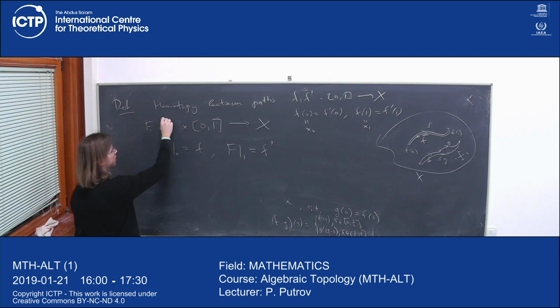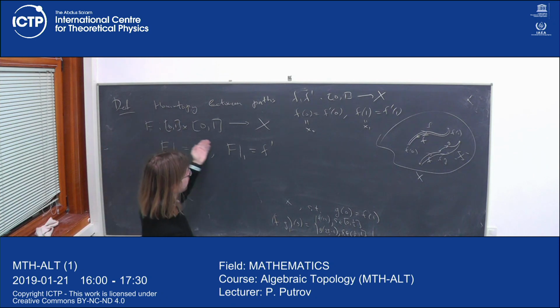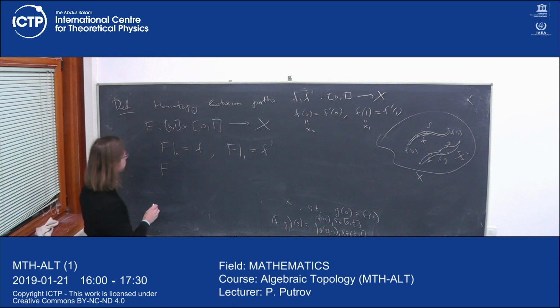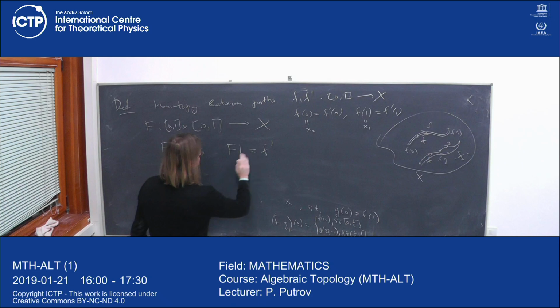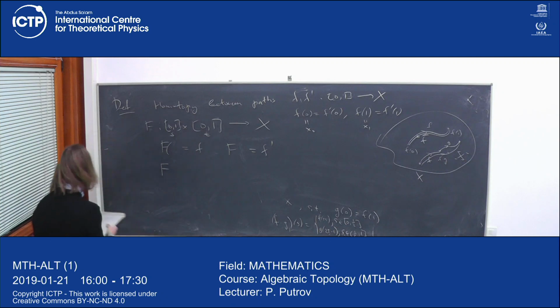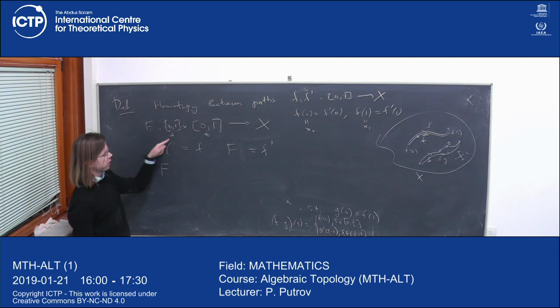So this is a homotopy between maps from 0 to x. Let me be more explicit. Let me denote this variable by s and this variable by t. So this will be the variable corresponding to the path, and this will correspond to the homotopy.